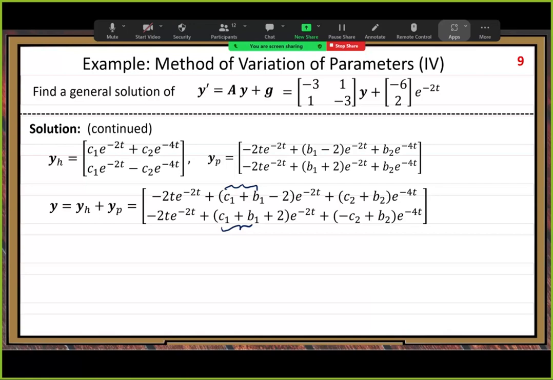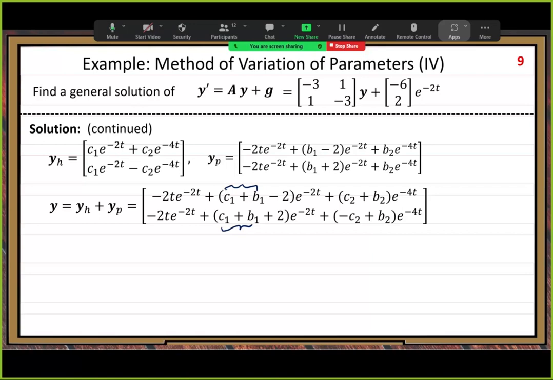Then let's try to do a similar thing for the second expression, because everybody hates complexity and likes simplicity. Let's do a little more simplification on the second part. But in the second part, C2 plus B2 and minus C2 plus B2 are different, so here you cannot use one symbol this time.